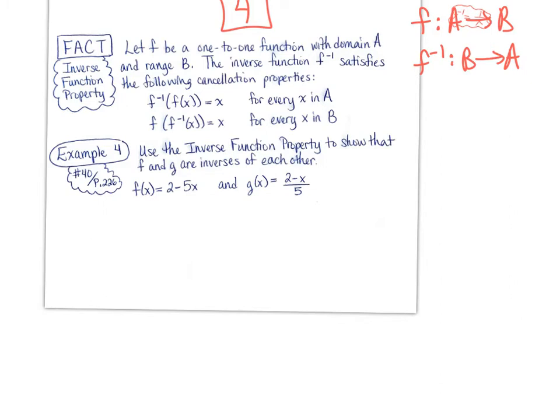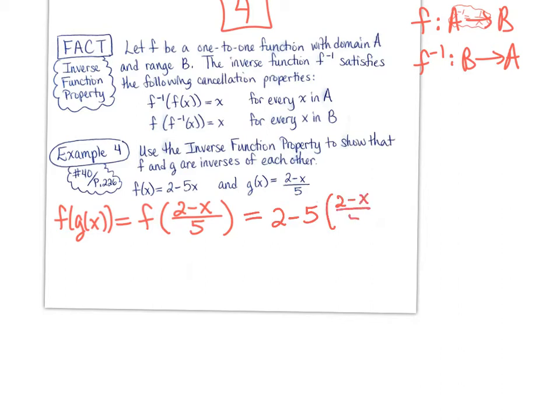And we have the following. F of g of x is equal to f of 2 minus x over 5. Okay, so we took g of x and we put that into this composition. Now, we're going to take 2 minus x over 5 and substitute it in for x here. So we get that's equal to 2 minus 5 times the quantity 2 minus x over 5.